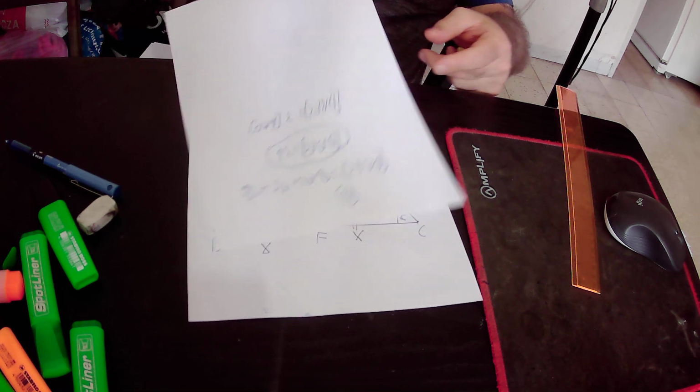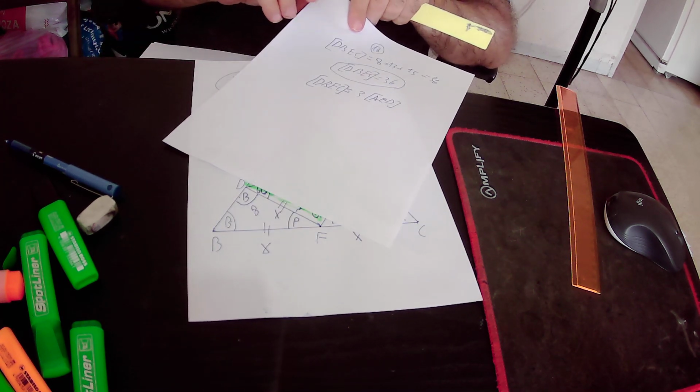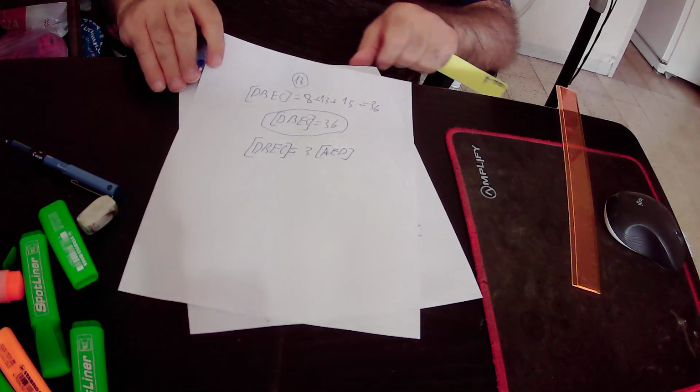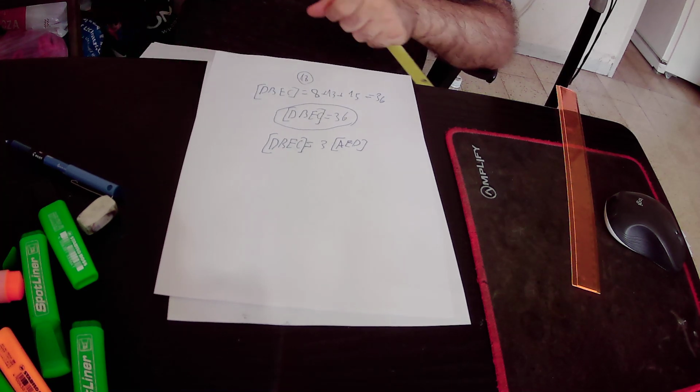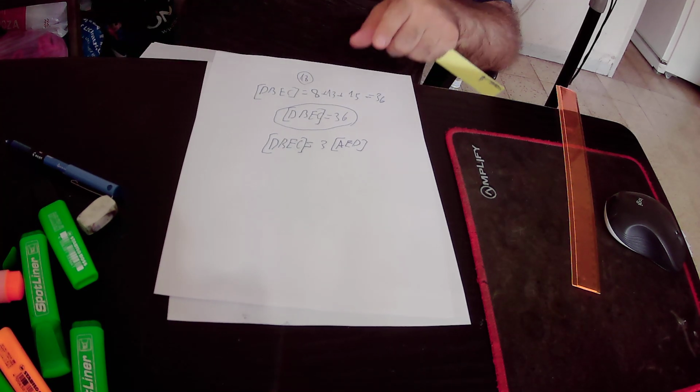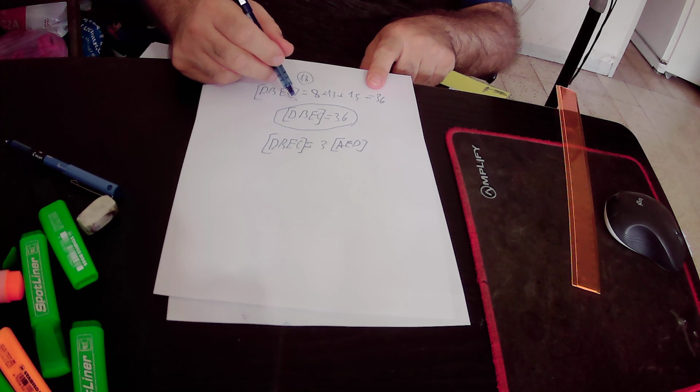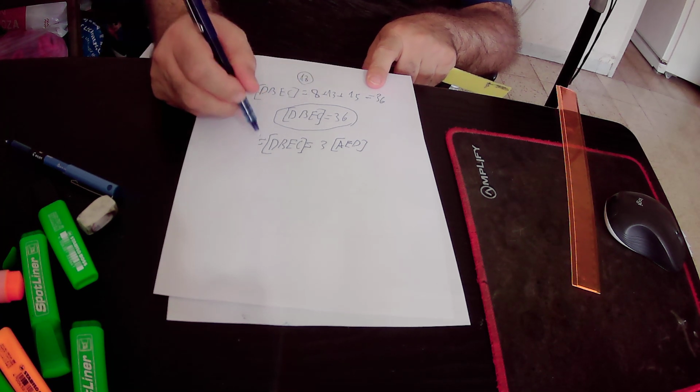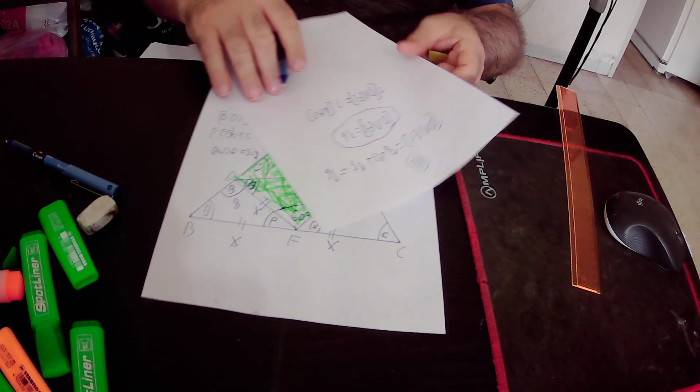Okay, we have already found out that the area of the quadrilateral DBEC equals 3 times the area of triangle AED. And we know that the area of the quadrilateral DBEC equals 36.